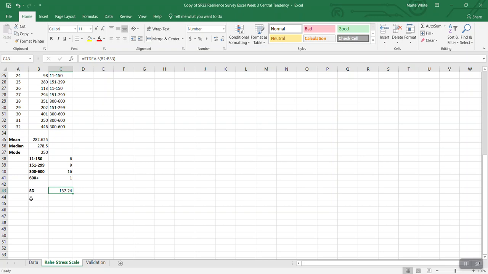Are the students within 1 standard deviation, or are they 2 standard deviations out, or are they 3 standard deviations out? So here we're going to put 68%, and 95%, and 99%.